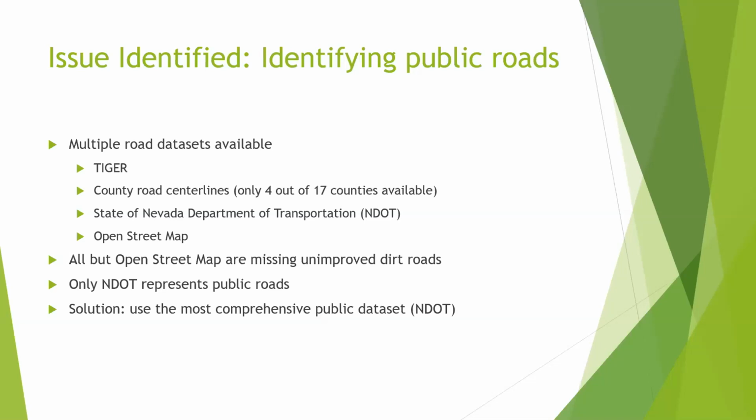OpenStreetMap is by far the most comprehensive, but it doesn't include a public or private attribute. So I didn't use it because of the potential to remove landlocked parcels along private roads. I verified this using the Washoe County assumed public roads layer, and a lot of roads that were private showed up on OpenStreetMap. So I used the most comprehensive public data set, which was from NDOT.